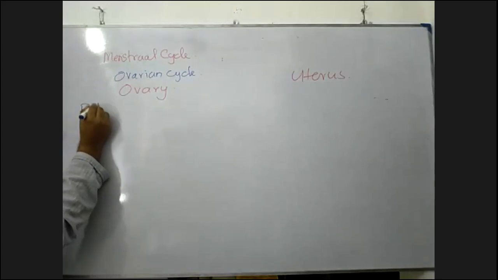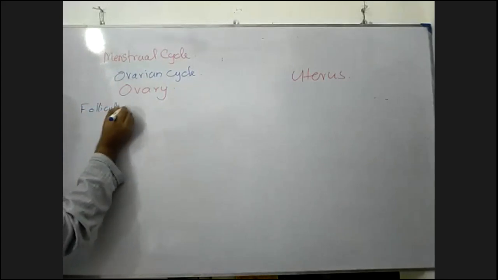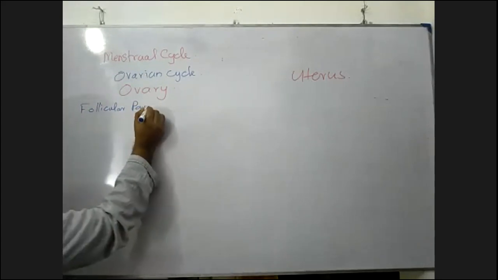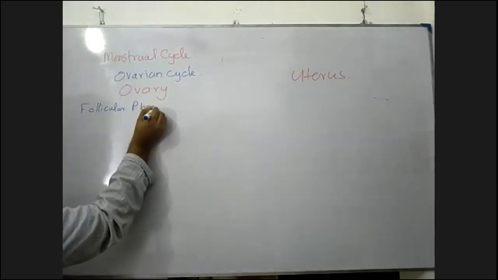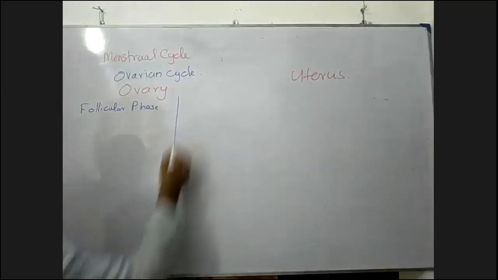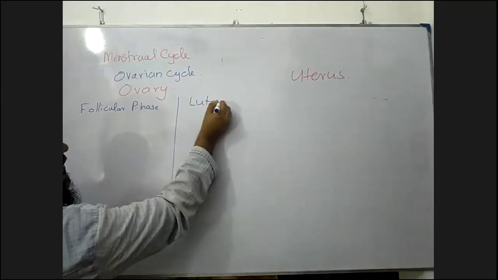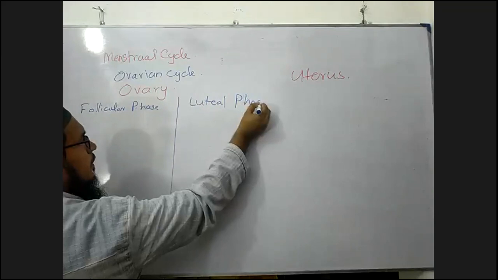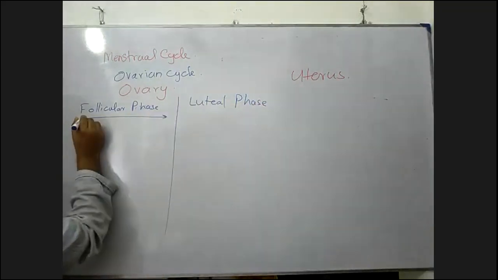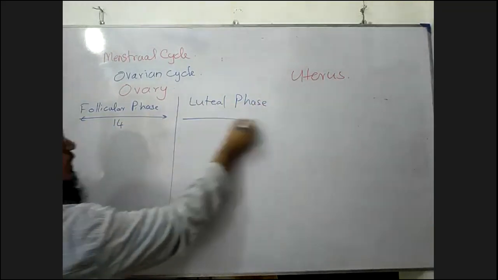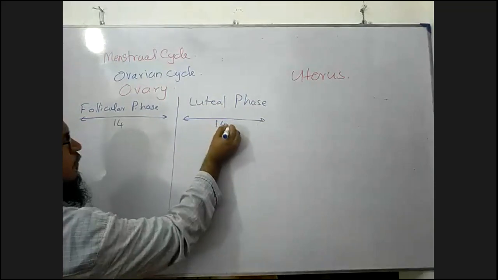The first one is the follicular phase. The second one is the luteal phase. Follicular phase 14 days, luteal phase another 14 days.